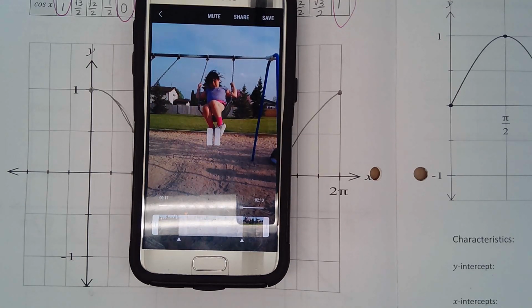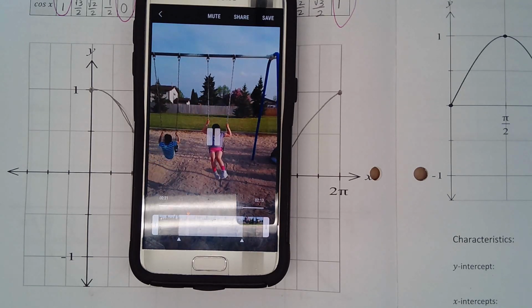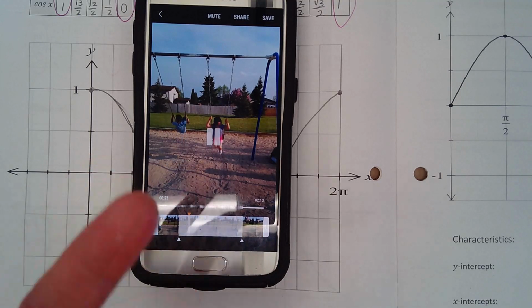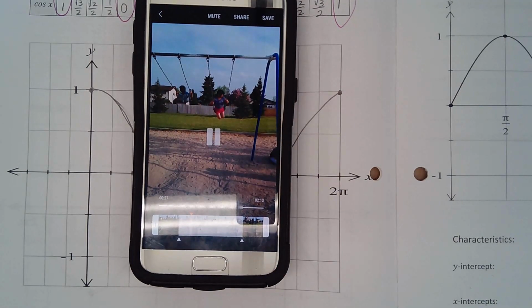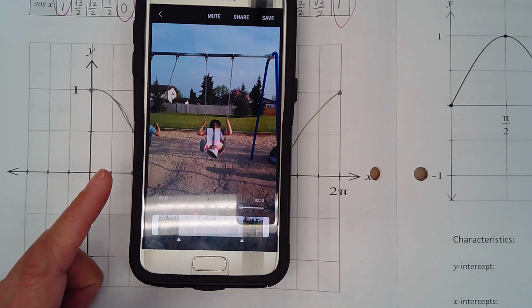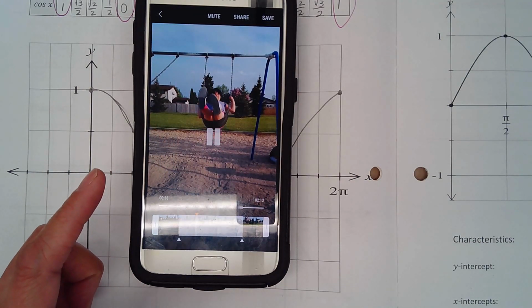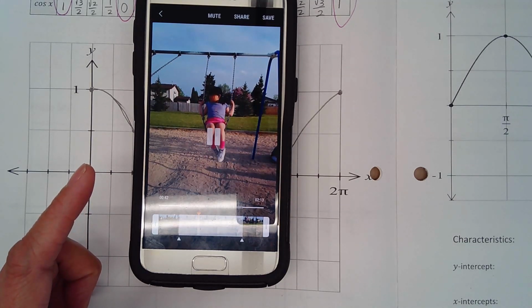This is my daughter, right? I suppose if I do some measurements with her height and the time it takes for her to swing one cycle, the maximum would be the farthest away that she is from me. The minimum would be the closest. Almost she kicked me in the face right there, right?